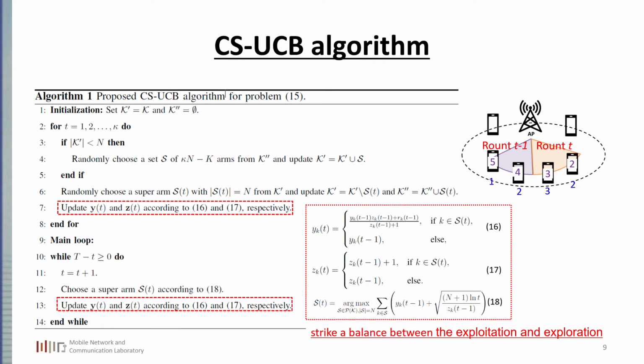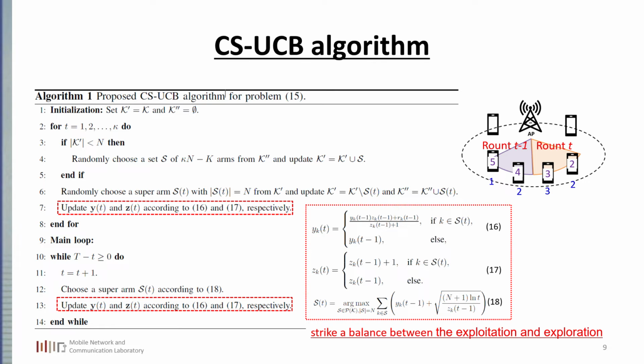The 7th line shows the notation Y_k^t and G_k^t, where Y_k^t refers to the sample mean of the reward value at arm K, and G_k^t is an expression of how many times arm K was operated until round T finished.